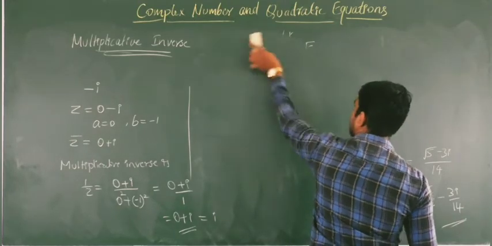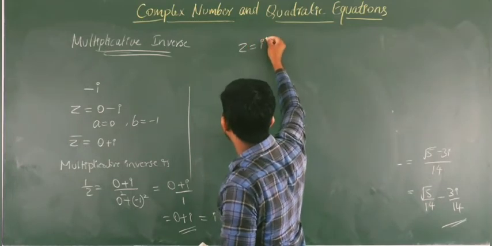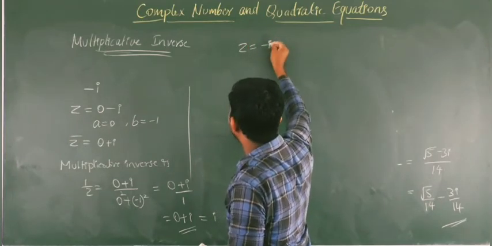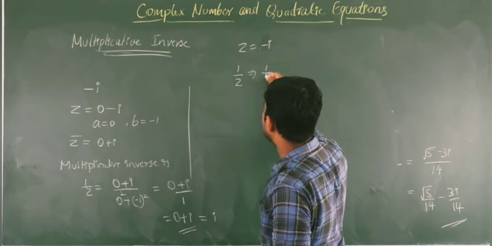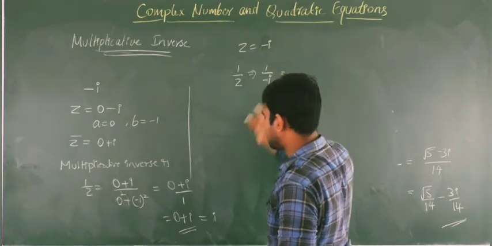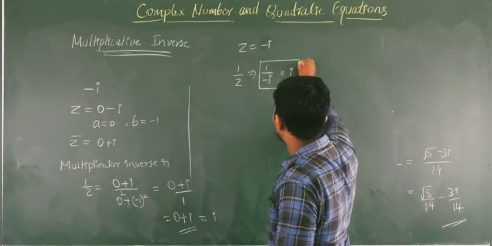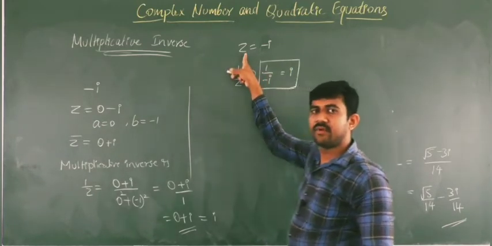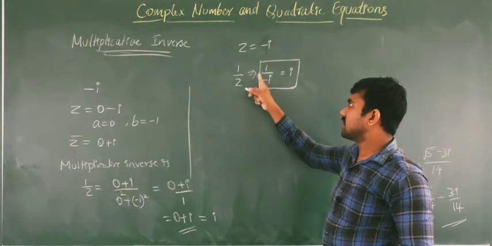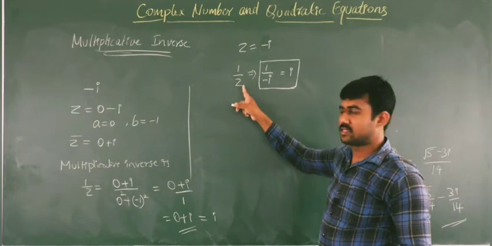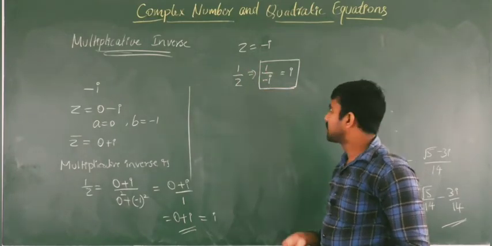That is the same. See, minus i is the given complex number. Multiplicative inverse means 1 by z, means 1 by minus i. What is the value of that? Plus i. Remember this. If they give z is equal to minus i, then 1 by minus i, that is nothing but 1 by z, the multiplicative inverse. 1 by minus i is nothing but i.